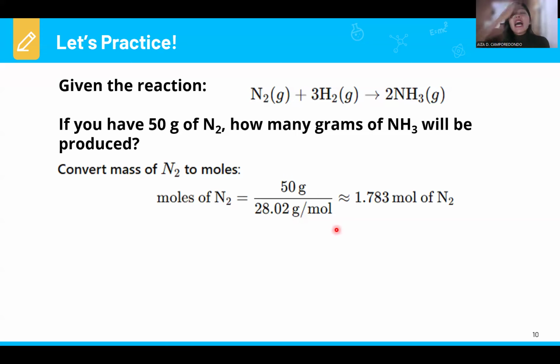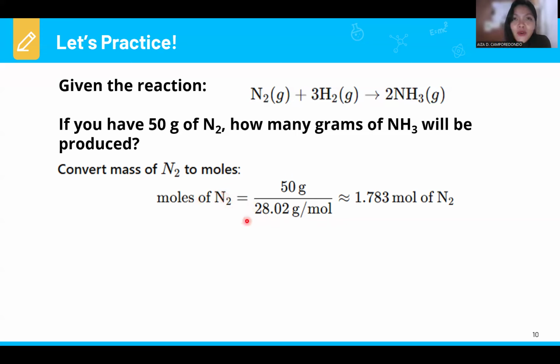But actually the nitrogen has the molar mass of 14.01 gram per mole. Now, why is it 28.02 grams per mole? Because of the number of atoms of the nitrogen.